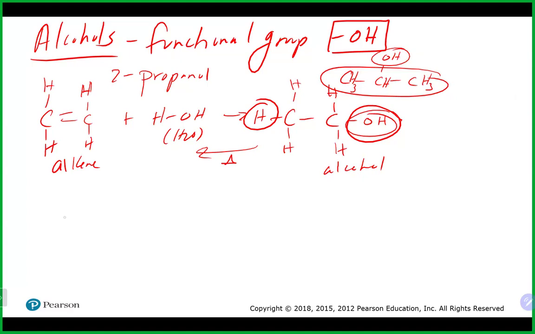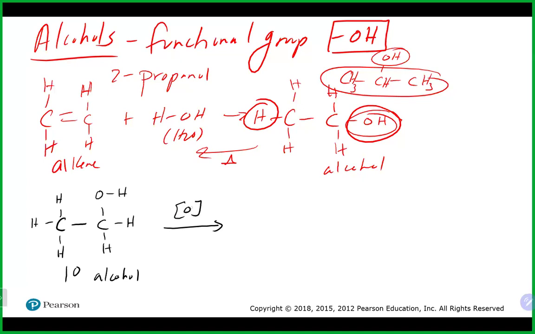So when we take a primary alcohol, like so maybe, and again, this is a primary alcohol, it will do an oxidation reaction, and that's sometimes symbolized with that little O. And that oxidation that we talked about is basically the loss of hydrogen.